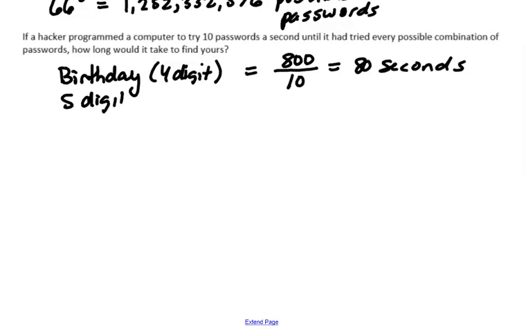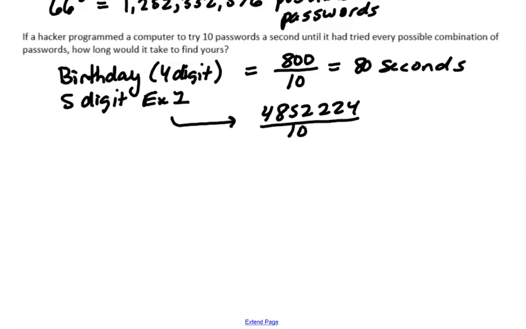Let's say we did the 5-digit example 1. In that case, you're going to have 4,852,224 divided by 10. Obviously, if I just divide this by 10, I'm just moving the decimal place over 1.